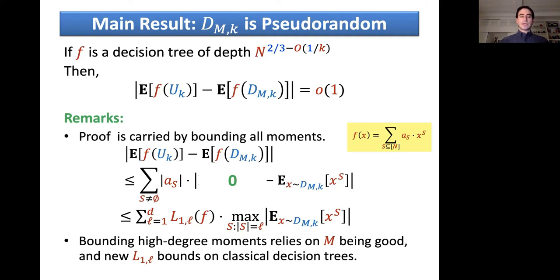So we show that this is at most the sum of absolute values of a certain degree multiplied by the maximal absolute value of a monomial of this degree. So to finish the proof, you need to show that this L1L is not too large and that these moments, or the expectation of these monomials, are rather small. Both of them are technically involved and they take most of the technical part of the paper.